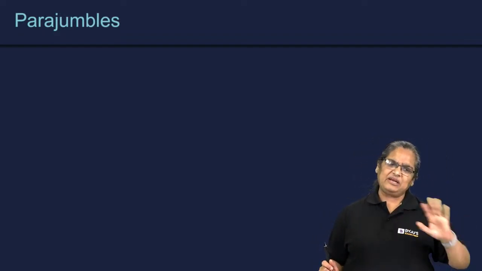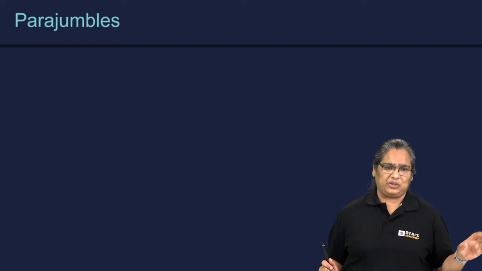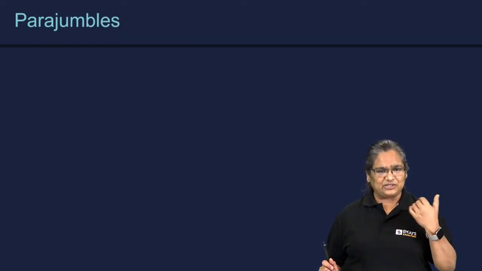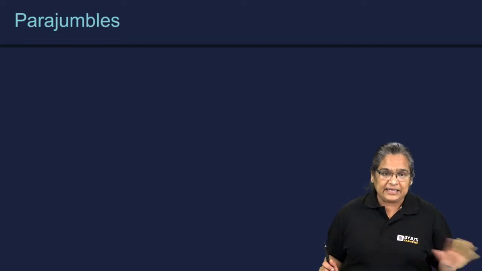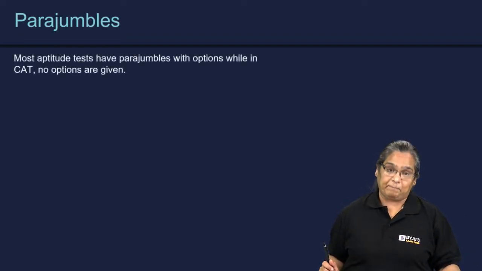All right, we've come to the section. It is like a permanent player in the team. Men may come and men may go, but till now Dhoni is there. Well, very soon he'll not be there. But para-jumbles have been a part of all aptitude tests. Postgraduate, undergraduate, MBA, law, CAT, XAT, MAT, any exam you take, para-jumbles are a part of it.